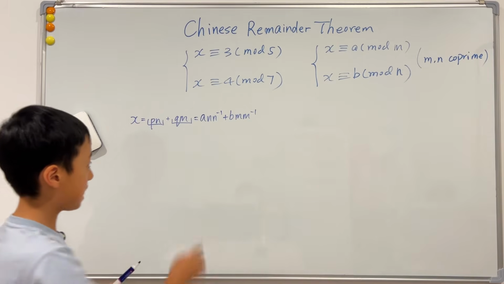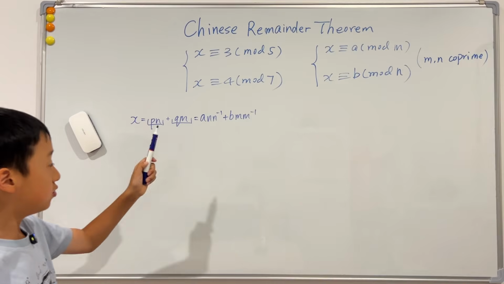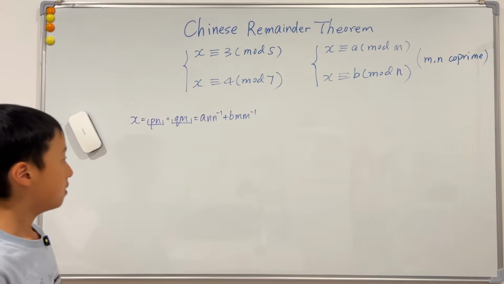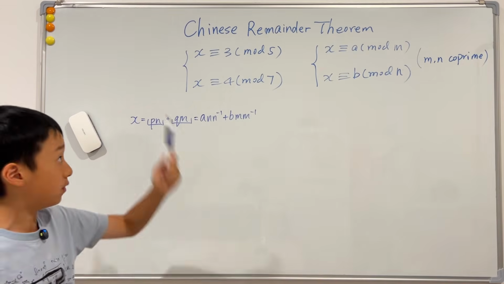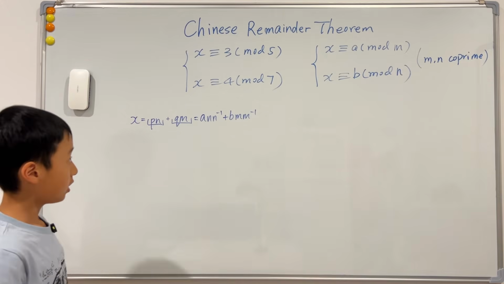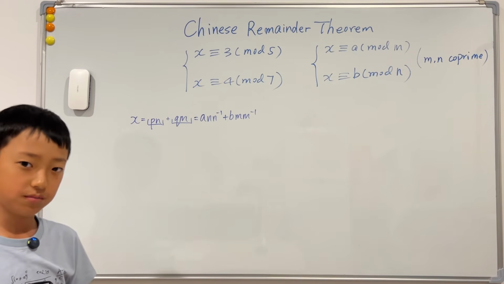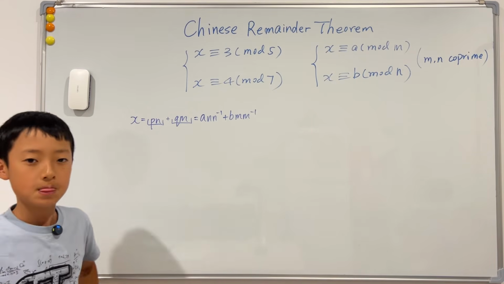So I'm not going to use that on n and m because that won't really work out. I'll just use it on 5 and 7 because we have to do that when we're solving the question as well, right? So we have to first use the ordinary Euclid's algorithm on 7 and 5.